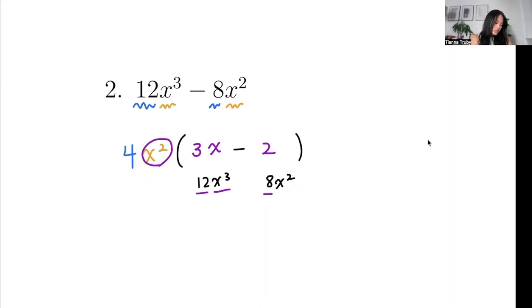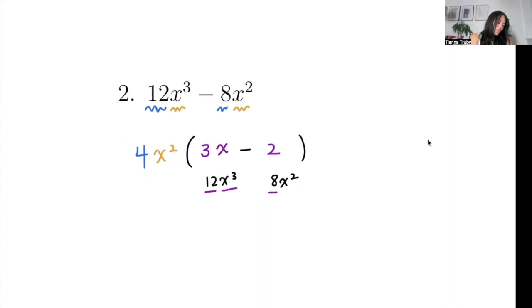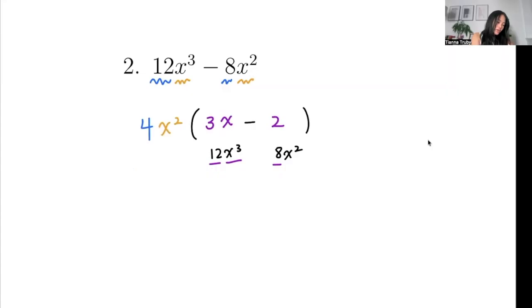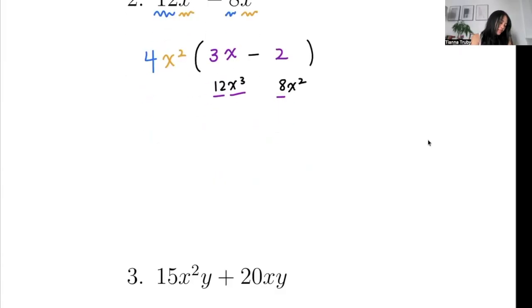And this would be our final answer here. You don't really have to write this portion underneath. I just like to write it when I'm first teaching it because I feel like it gives you a good visualization of where you actually want to end up.